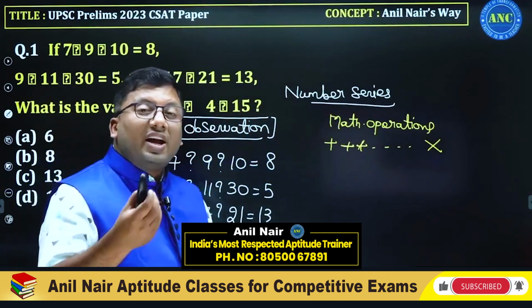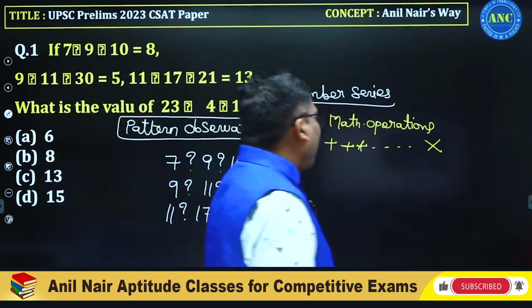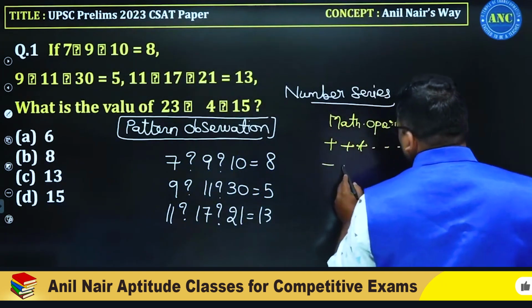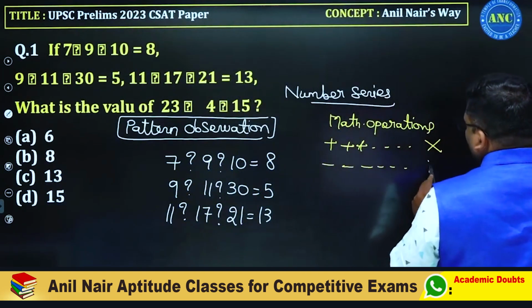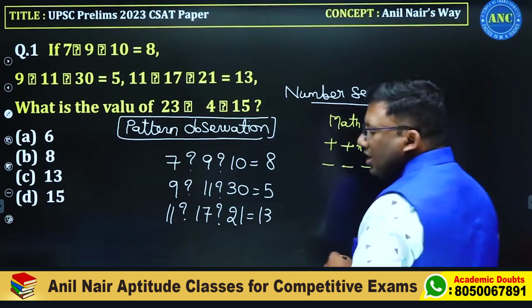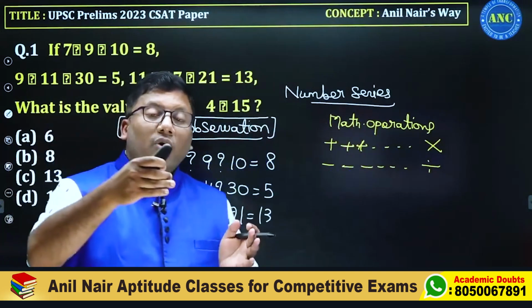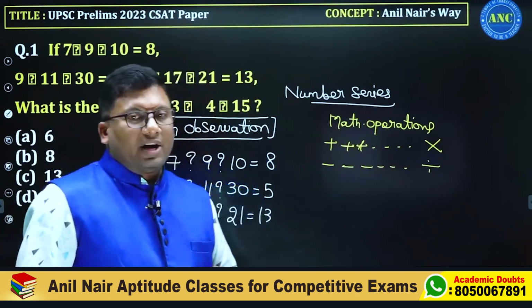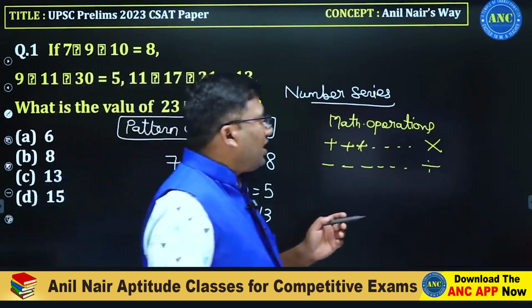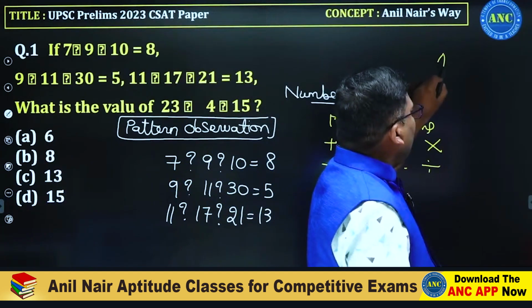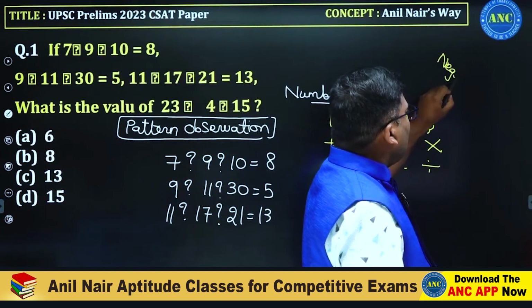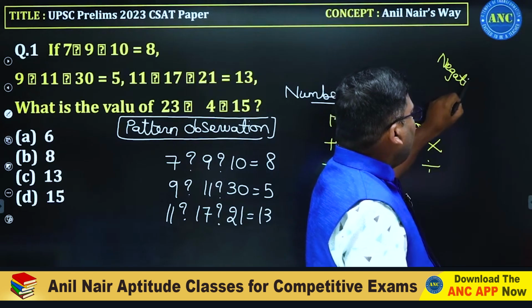Into is the derived operator from plus. If I do negative addition, that is called subtraction. If I do repeated negative addition, I will get division. Division is nothing but a one-to-many function of subtraction. Subtraction is another name for negative addition.